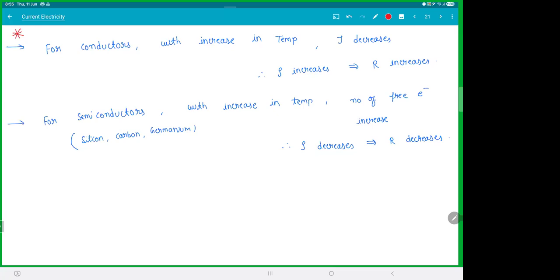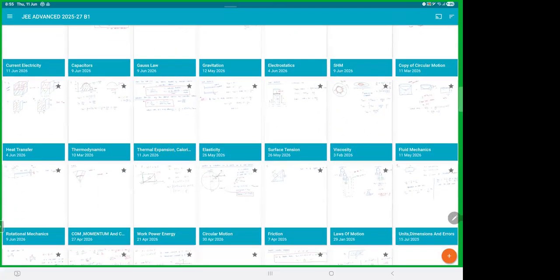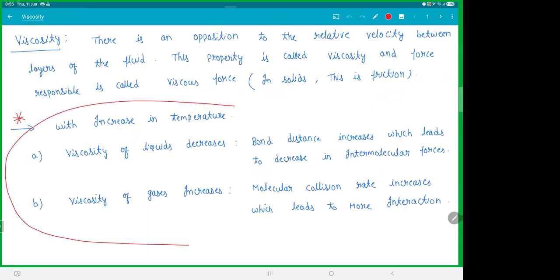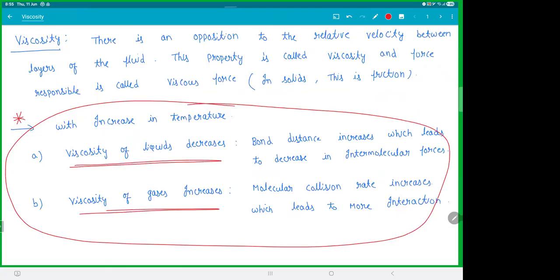No, there's nothing like that. Yeah, right, you got it. I'll show you where it is, you guys forgot. Viscosity: with increase in temperature, viscosity of liquids decreases, viscosity of gases increases. Remember this. This is the kind of statement question you'll get.